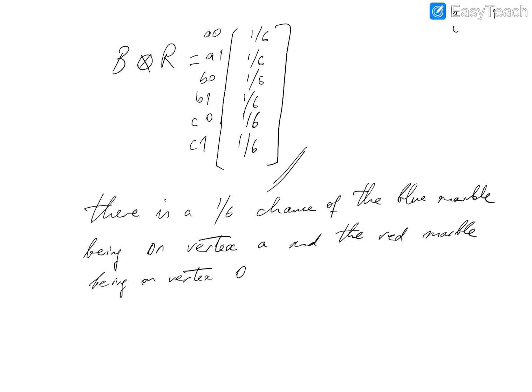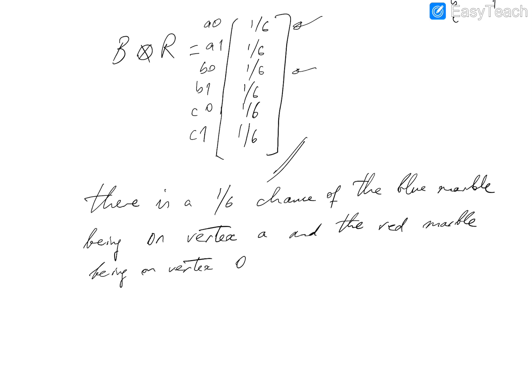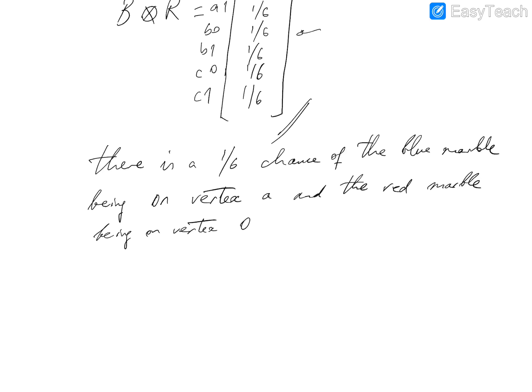So this explains the first entry. And furthermore, it means that there is a 1/6 chance of the blue marble being on vertex A, but the red marble being on vertex 1. And then there is a 1/6 chance that the blue marble is on vertex B and the red marble is on vertex 0. Similarly for the others. That's what it denotes.